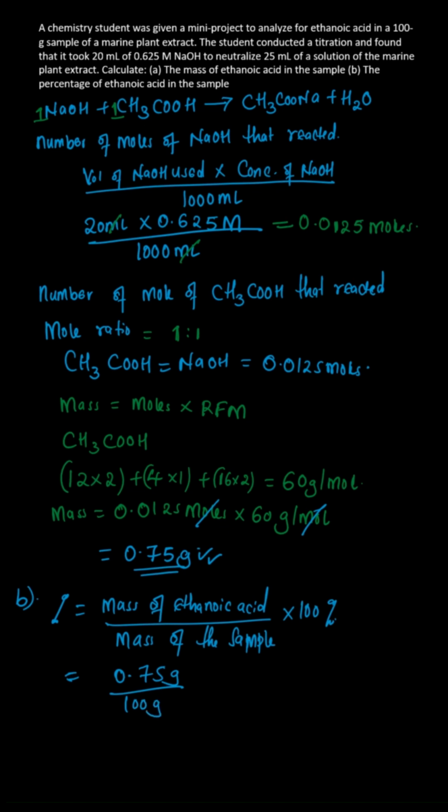This was the mass of the sample, multiplied by 100%. So 100 will cancel, and here gram and gram will cancel, and we'll be left with 0.75%. That is our second answer.